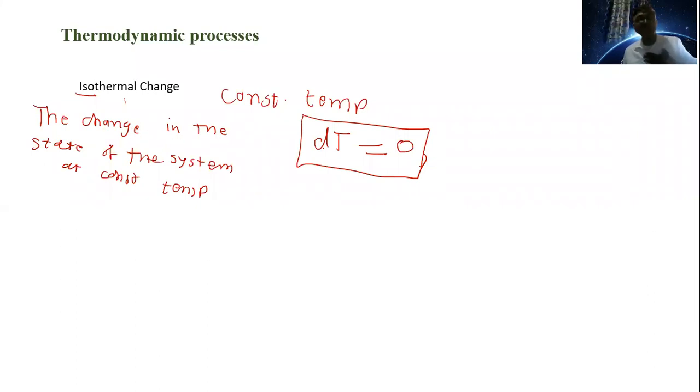The change in the state of the system at constant temperature is called the isothermal change. Now, before that we saw another change. What we have seen there, in that case, was adiabatic change. In adiabatic change, what happens? There is no exchange of heat between the system and the surrounding.